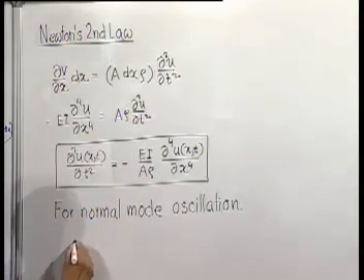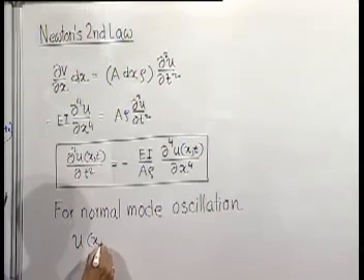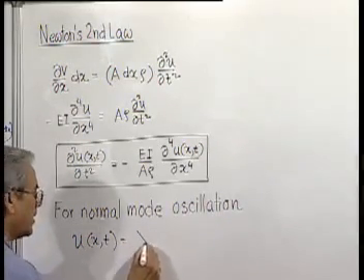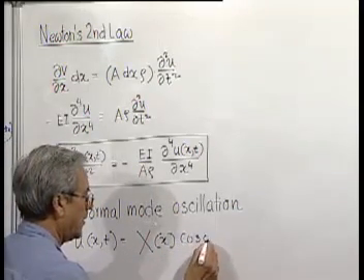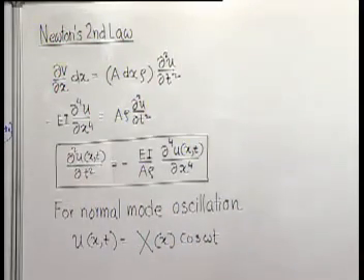So, for normal mode oscillation, we can take, obviously as before, that the solution is composed of a function of x times a function of time.